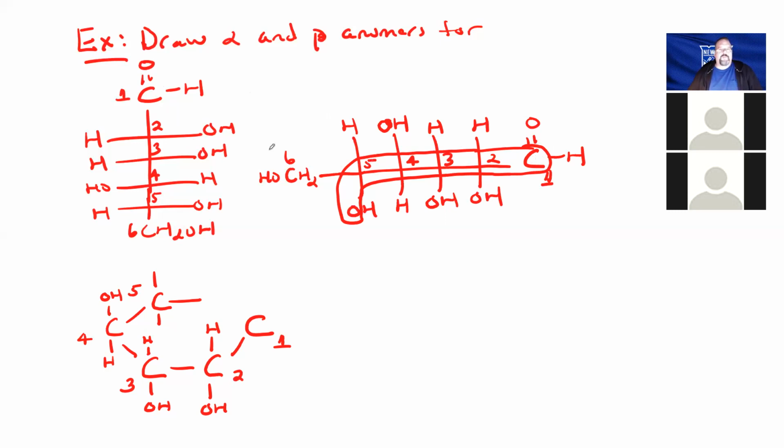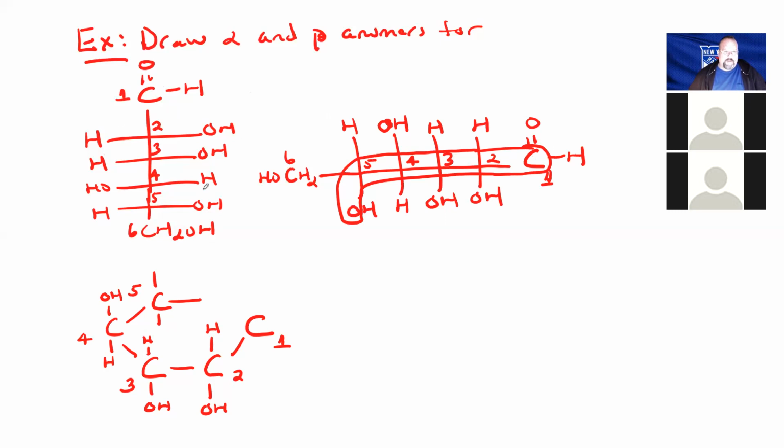The most important part of this step are the directions of the OH and H's on the chiral carbons. Because when you go from a Fischer projection to a Haworth structure, there is a direct translation between right and left on the chiral carbons and top and bottom on the chiral carbons in the Haworth structure.